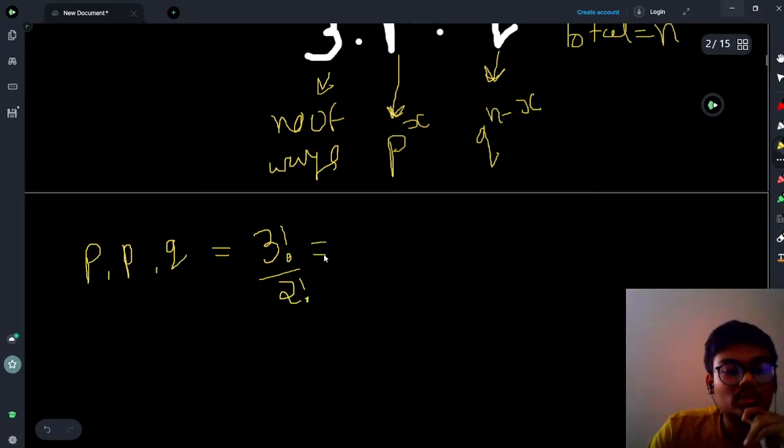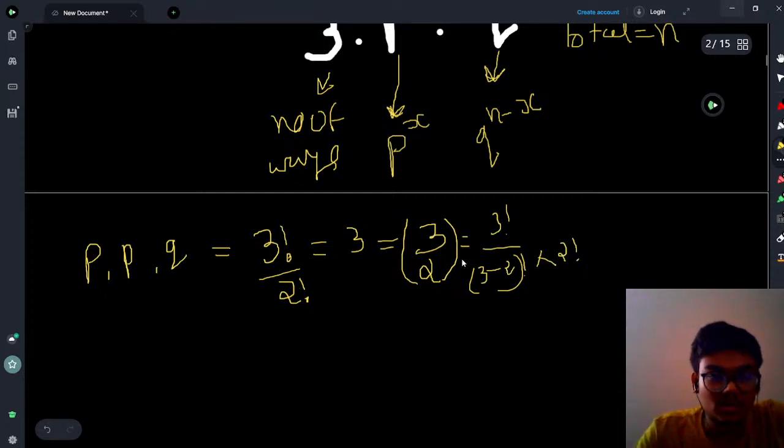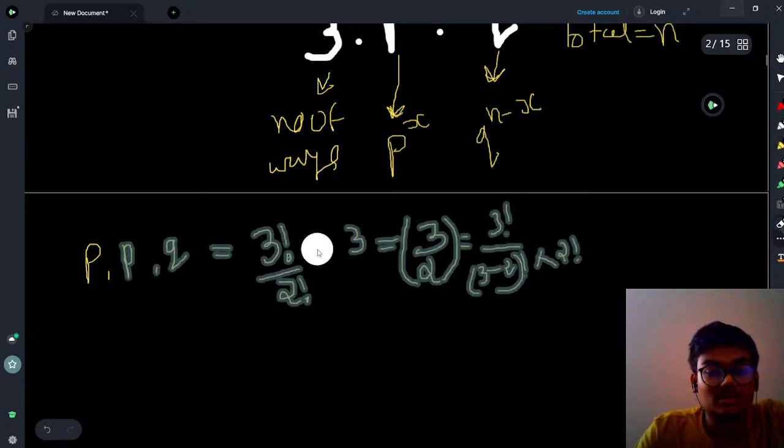So we are getting 3. This is the same as 3C2. You can check: 3 factorial over 3 minus 2 factorial into 2 factorial. Got it? That's why we write nCx.